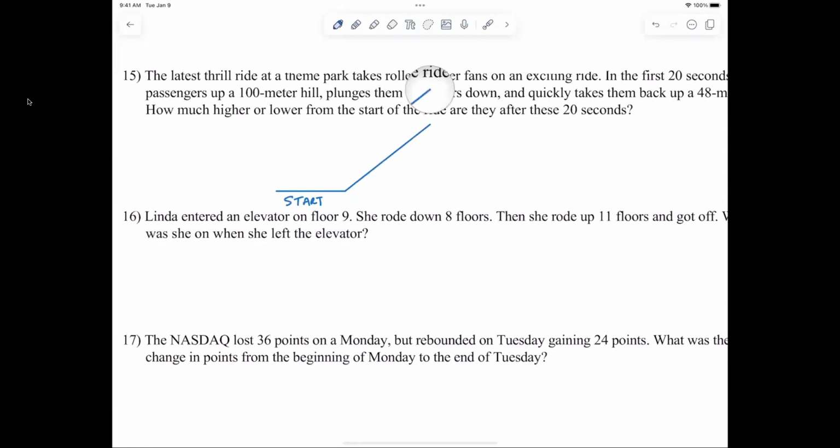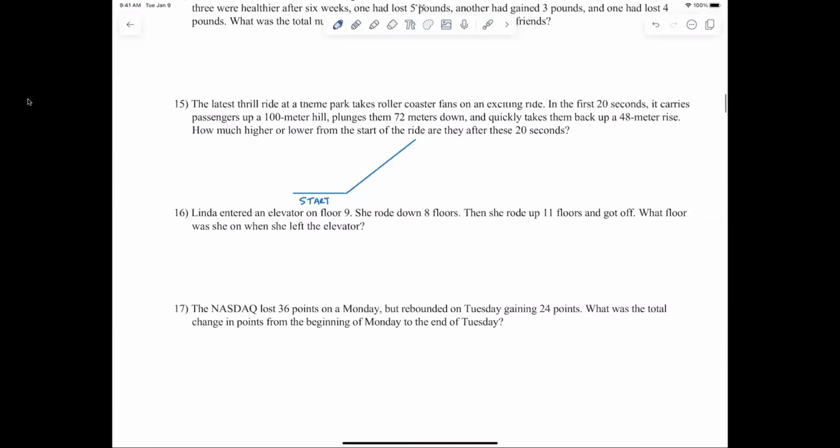I'm going up on my roller coaster. How high did I go? 100 meters. So I put 100 meters. Then what happened? I went down 72. It's back up 50.